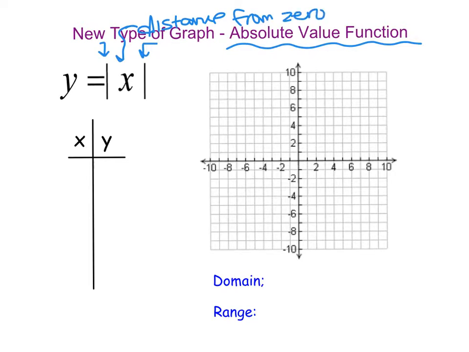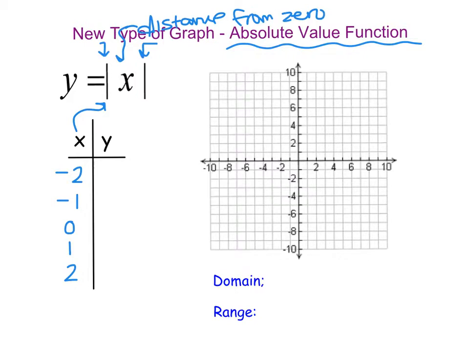Now what we're going to do here is graph this function by finding a table of values, and I suggest using x values that hover right around the y-axis, which typically include -2, -1, 0, 1, and 2. We're just going to substitute values for x into this equation and find the corresponding y value.